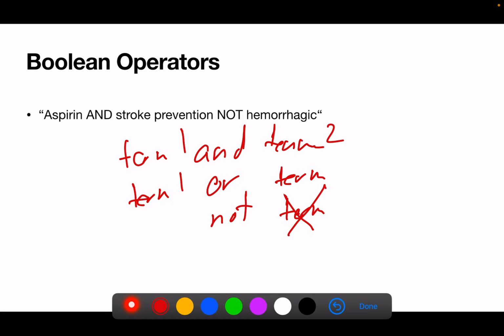So if the term comes up, then it will not come up in your search results. Okay. So, and you want to use this if you want to contract your search or to expand and not to exclude a particular term from your search.